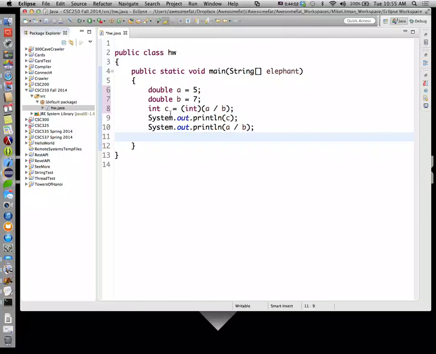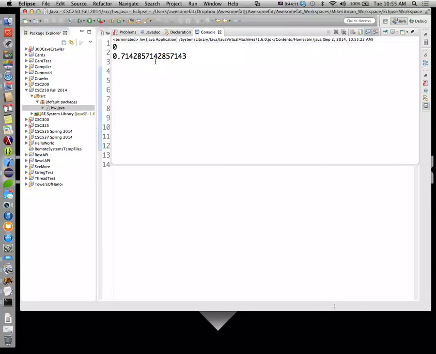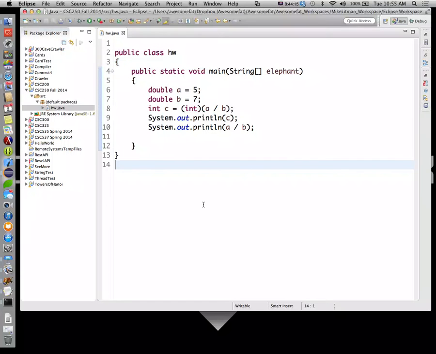Okay, if we made A and B both doubles, C is going to be 0, but A divided by B is going to be our 0.71, blah, blah, blah. Since it recognized that A is a double and B is a double, when we do division, it's treated as floating point division. If at least one side is a double.